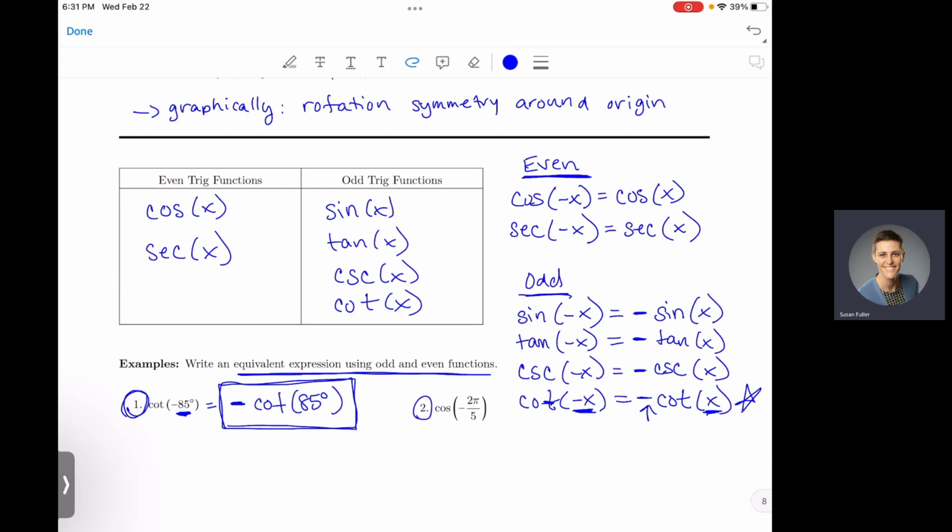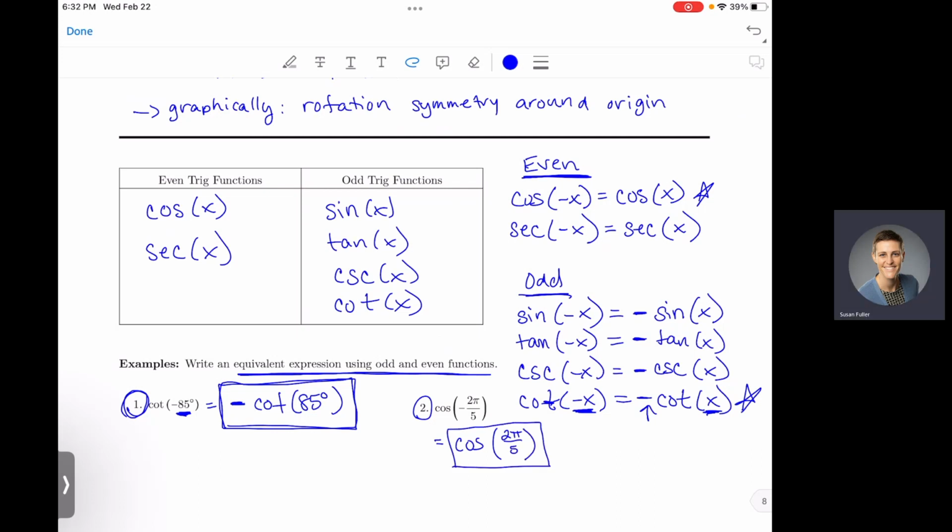So let's try number two. We have the cosine of negative 2 pi over 5. We're going to come up here to the cosine identity. Because cosine is even, I'm going to get exactly the same thing as I would if I took the cosine of positive 2 pi over 5.